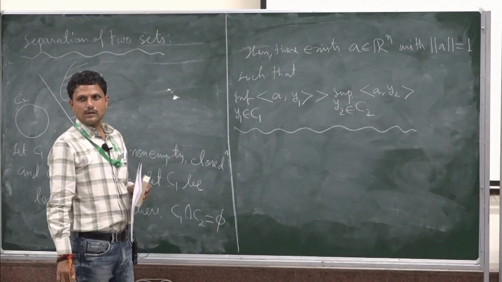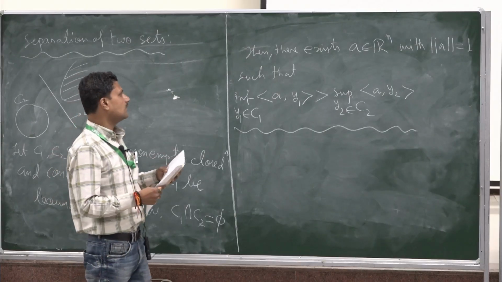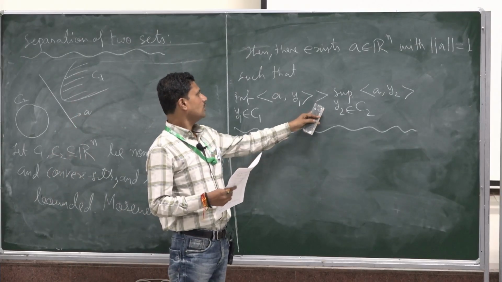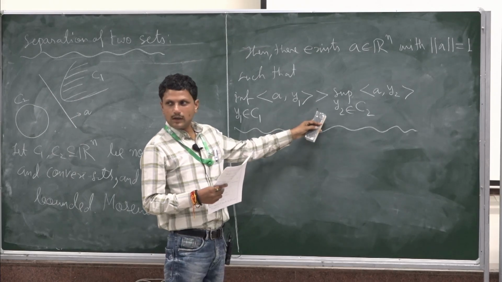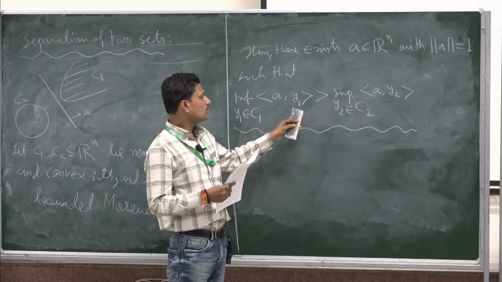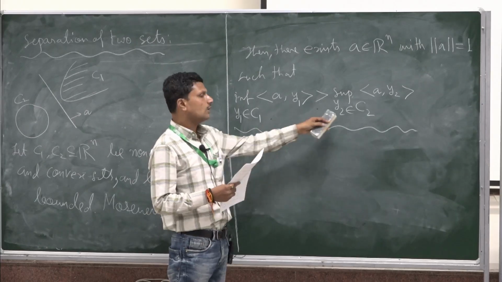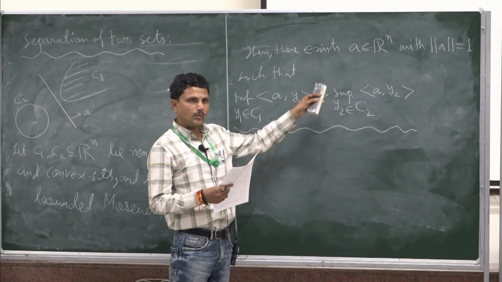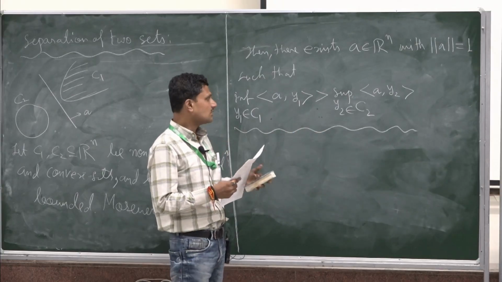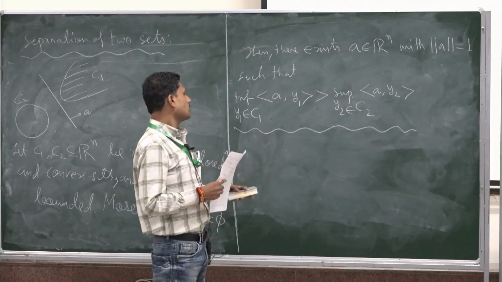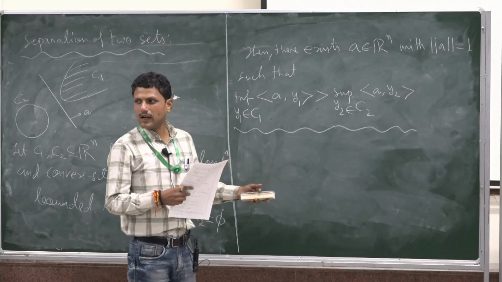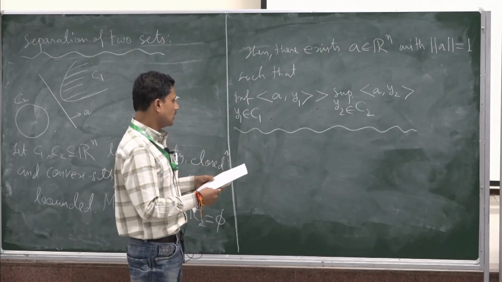So this is the result, and again we can see that if this is the inequality, there will be an alpha in between these two which will separate C1 and C2. So by proving this inequality, we can prove that there exists a hyperplane which will separate C1 and C2.